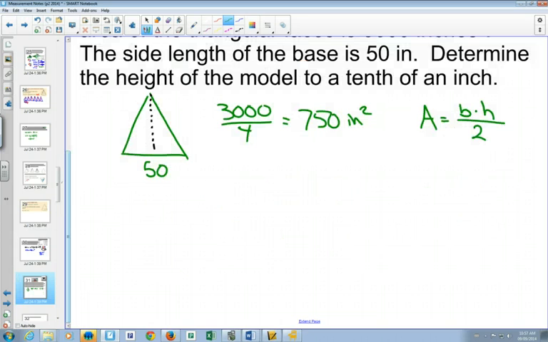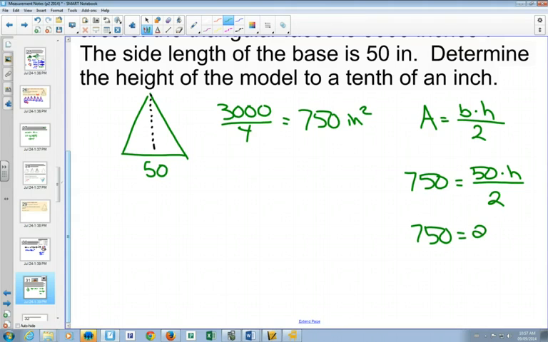So here, I know the area is 750. I know the base is 50. So 750 would equal 25h, divide by 25, and you'll get 30. So the slant height right here is 30.